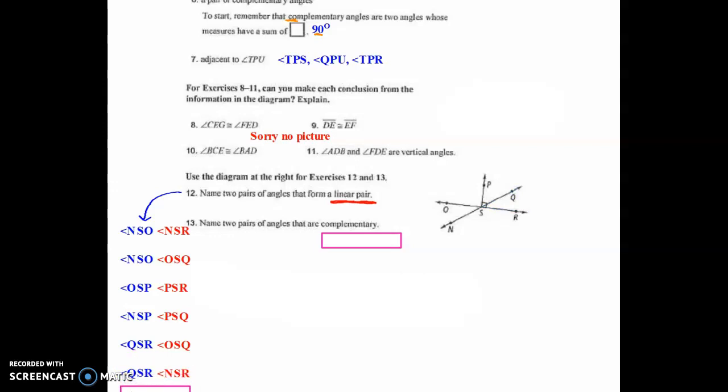QSR, that's the same angle again, and then maybe I want this side of the red, NSR. Look at the straight line. I think that's enough for now. I don't know, maybe I forgot some.